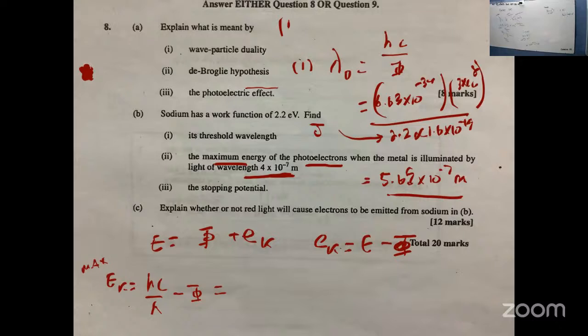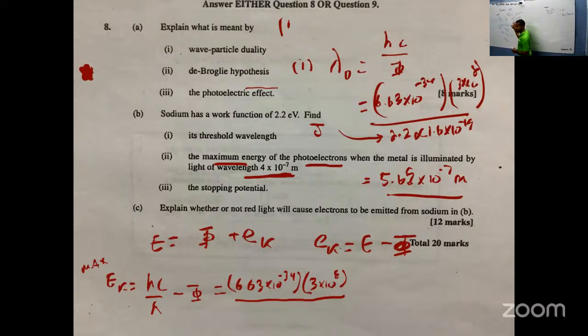Is it c over lambda? Remember, look on the board, I gave you three versions: E, the one with hf, and the one with hc over lambda. So EK is equal to e times the stopping potential.